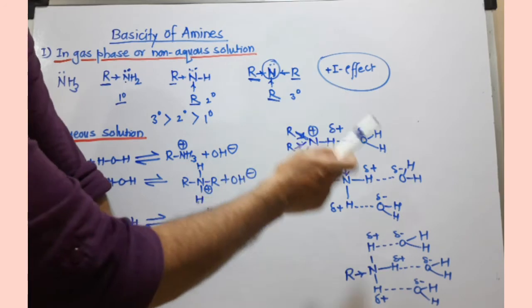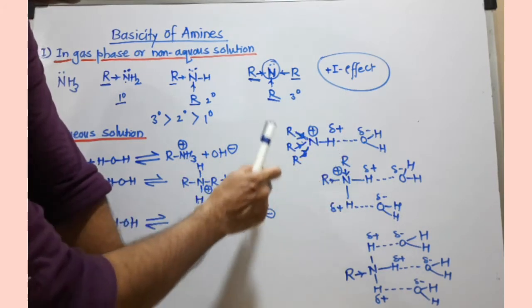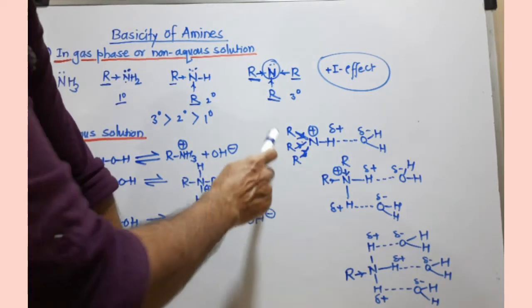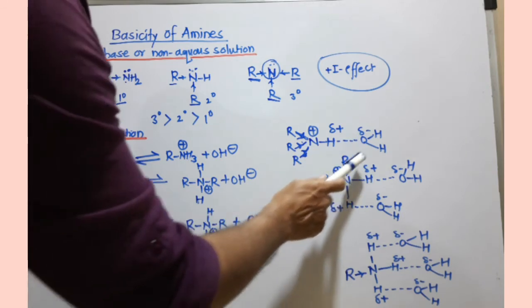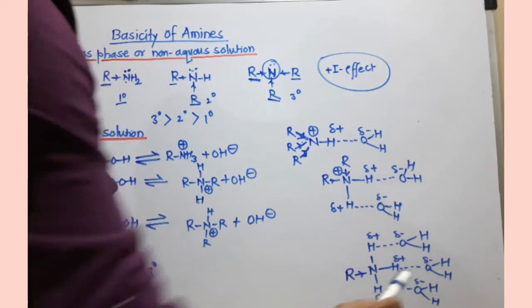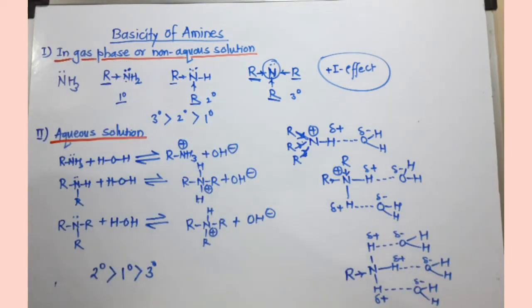So the greater the number of water molecules associated with this cation, the more stable that cation is. Now you can see in case of tertiary amine only one water molecule, in case of secondary amine 2, and in case of primary amine 3.